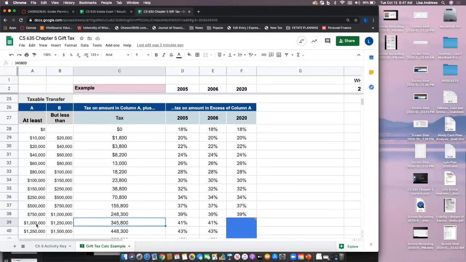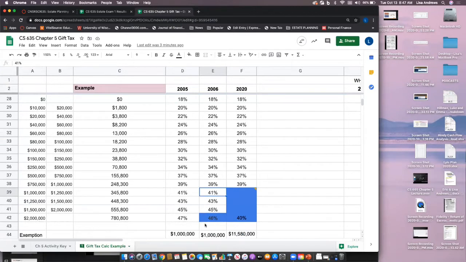And every dollar over that $1 million would have been taxed at 41% if it had occurred in 2005. Same thing in 2006. But in 2020, we've messed with it and we've said, no. Anything over $1 million, you're going to pay the $345,800 plus 40% on the excess. But looking back at 2005, we continued this bracket.